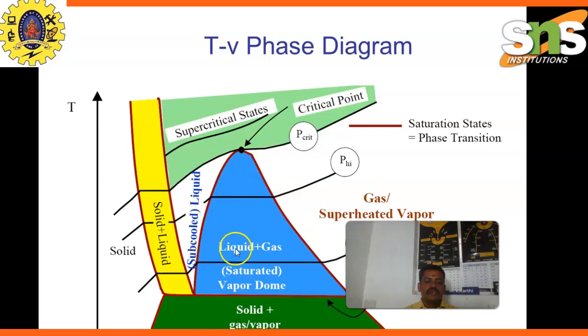Below the liquid and gas lines, this highlighted area is dome shaped and is called the vapor dome. The subcooled liquid is inside, highlighted by the white color lines. The maximum point is called the critical point. This area is the supercritical state.